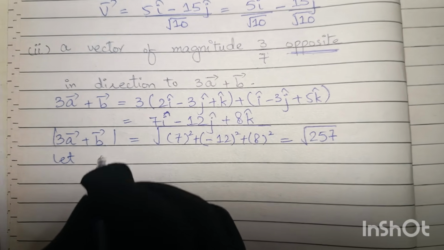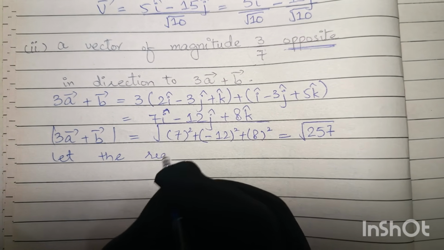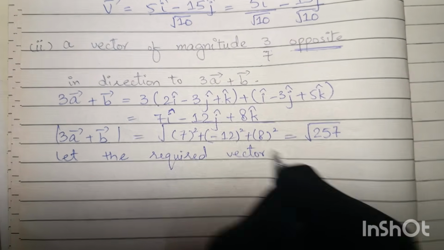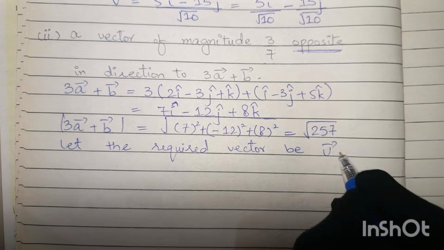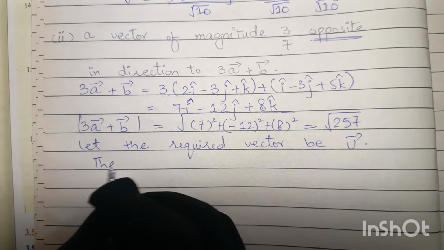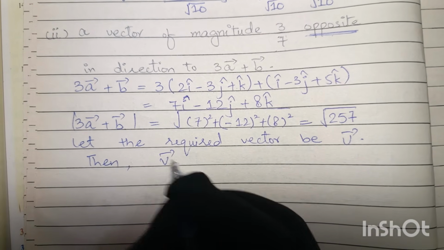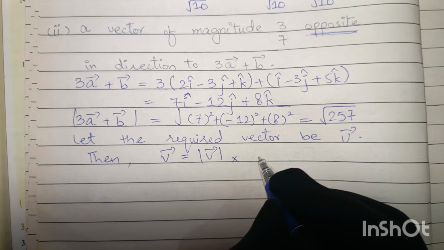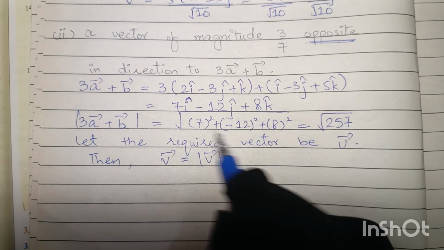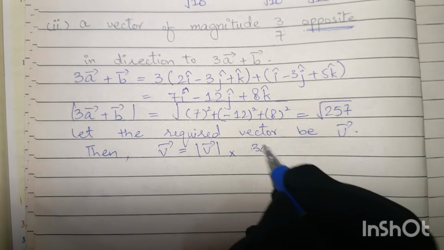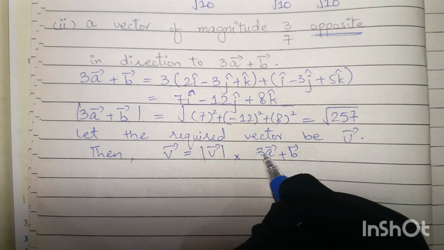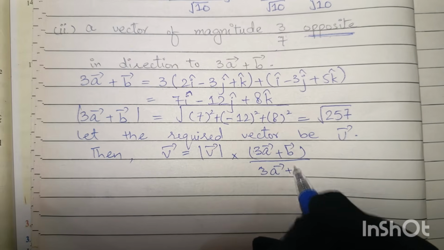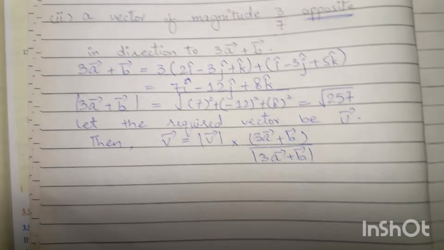Then let the required vector be v vector. Then v vector is equal to v vector magnitude into 3A plus B divided by 3A plus B magnitude.